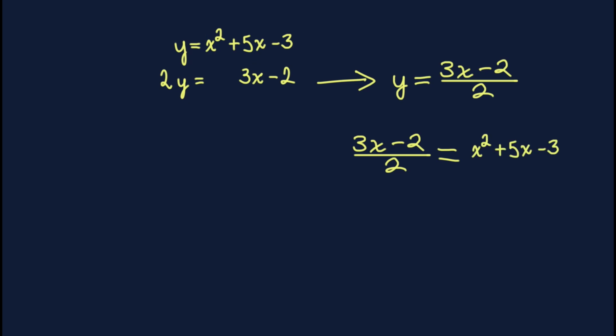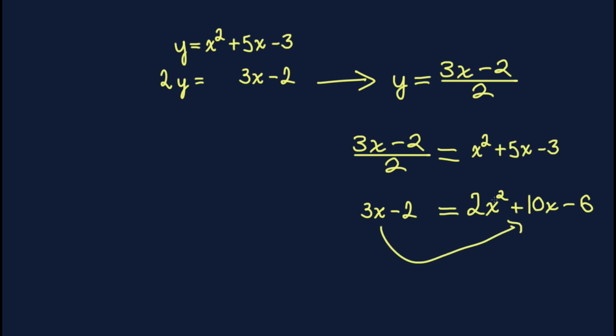From here, to solve for x, we have to throw all the terms on one side and set the whole thing equal to 0. So to get there, let's multiply both sides by 2. We have 2x squared, and for x, we're going to have 10 minus 3, which is 7x. So 2x squared plus 7x.